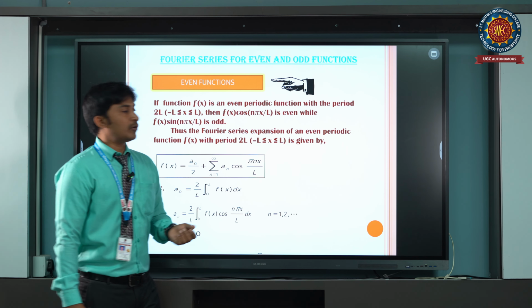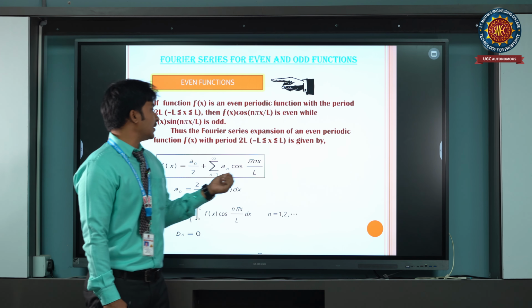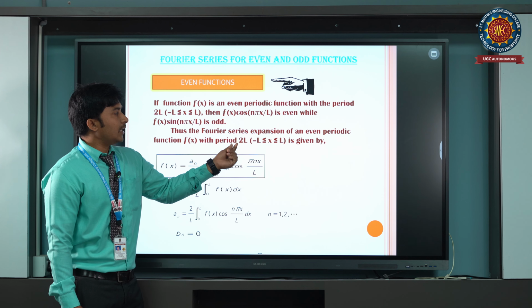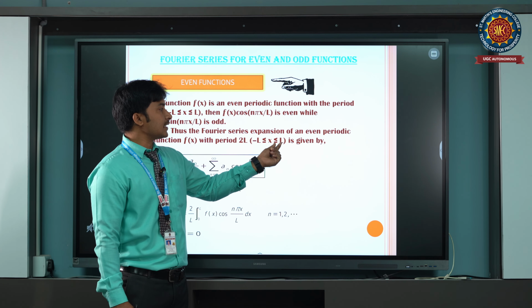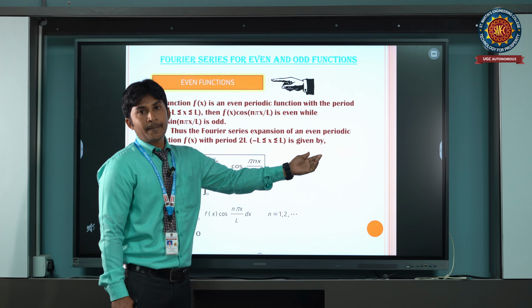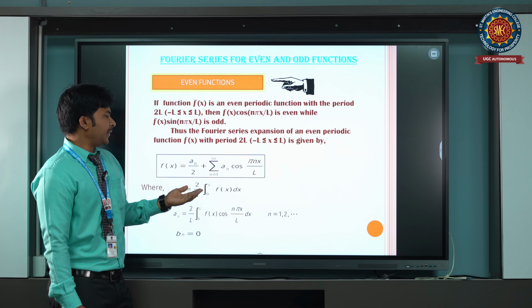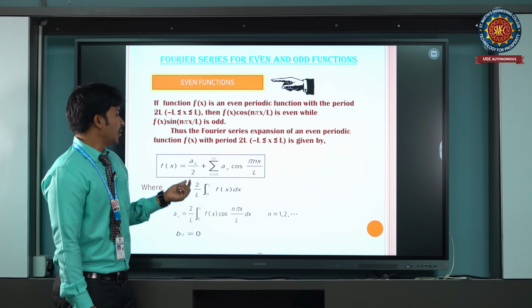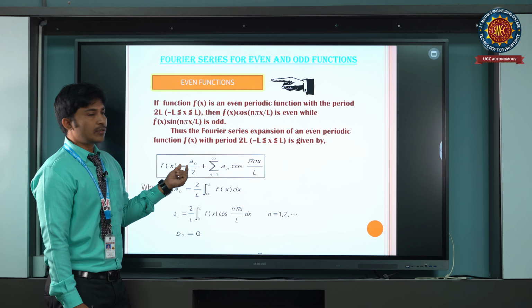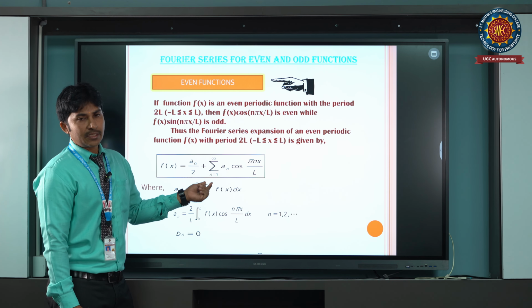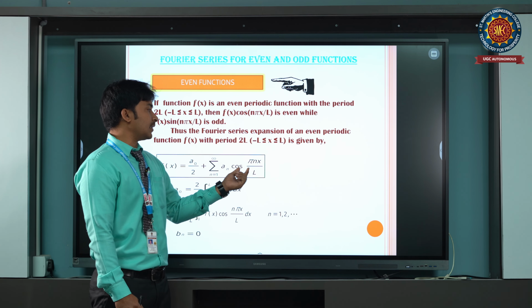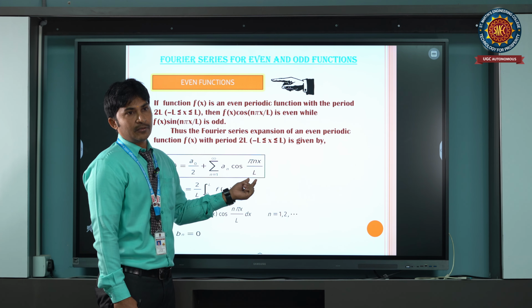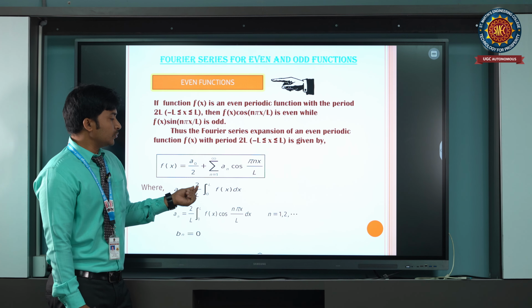Thus the Fourier series of an even periodic function with period 2l is given by f of x equal to a naught by 2 plus summation n equal to 1 to infinity a n cos n pi x by l, and a naught equal to 2 by l.